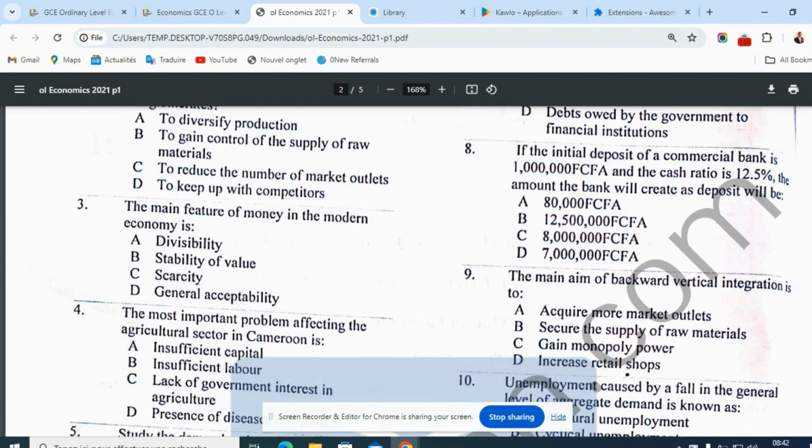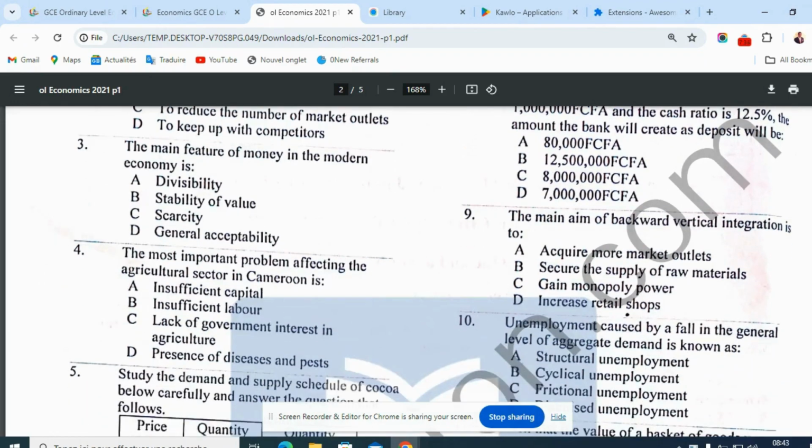Number 9, the main aim of backward vertical integration is to, the correct answer here is B, secure the supply of raw materials. So securing the supply of raw materials is a main aim of backward vertical integration. So we go to the next question.